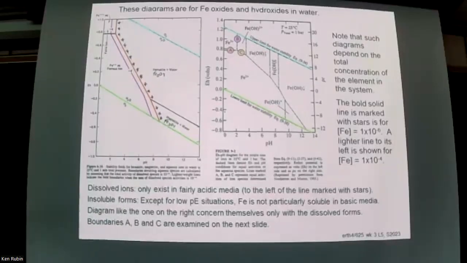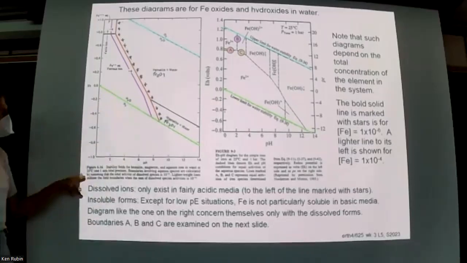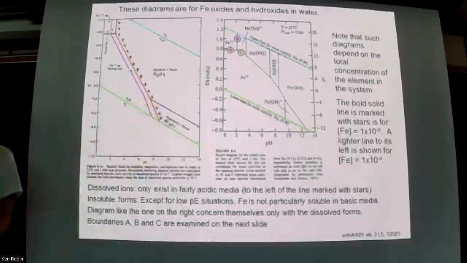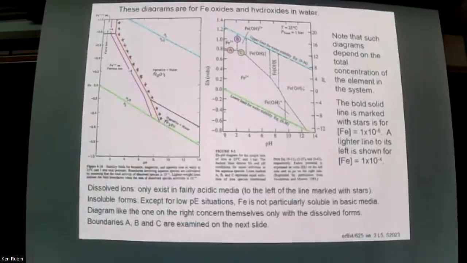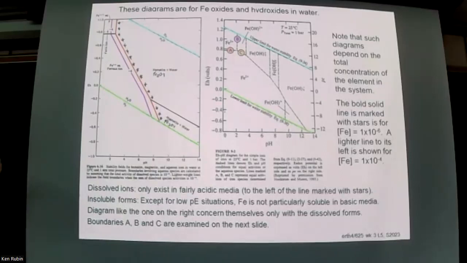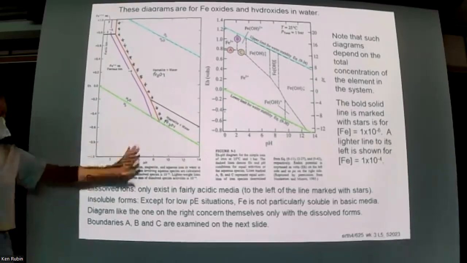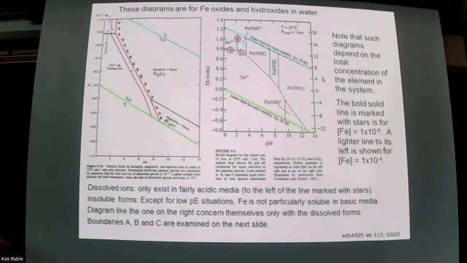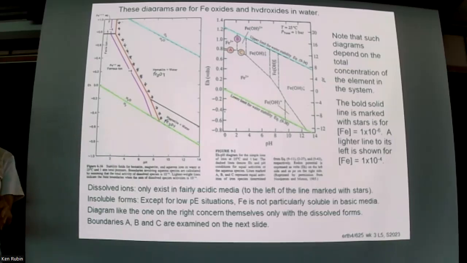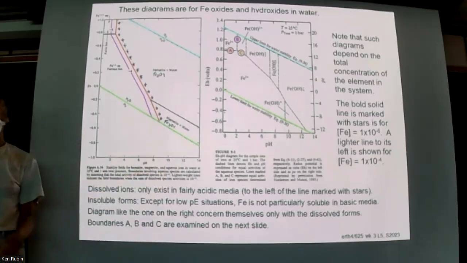If we change the calculation that was used to make each of these lines to change the activity to 10 to the minus 4, we go from the red line to the purple line, which is telling us that the boundaries that we see on these diagrams are very specific to the conditions they were calculated for. You cannot simply assume, if you find a diagram in a book, like when you're solving a homework problem, that the lines on the diagram apply to your circumstance. They apply to your circumstance when your circumstance is the same as the ones that it was calculated for.